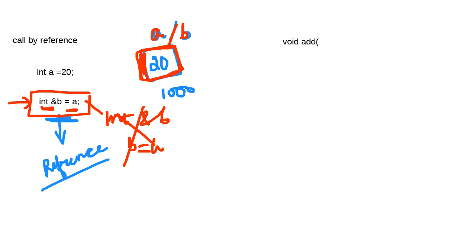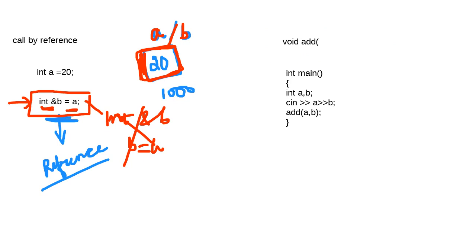I'm making a call to the add function, and in the add, I'm passing the variables normally, int a comma b. There is no change in the call in this case. I'm passing them normally, add a comma b.